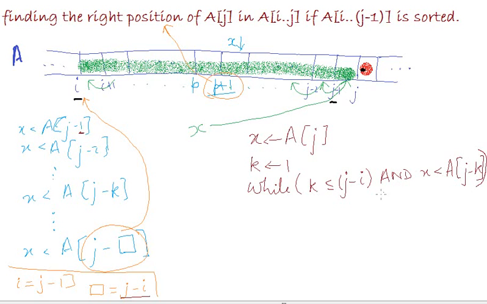And if this is the condition, we have to keep moving left. To keep moving left, we have to increment k. So we write k is updated by k plus 1.